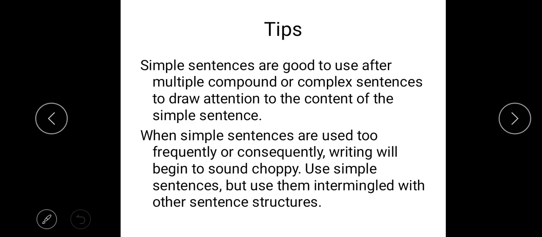Don't just keep repeating the same structure. It'll be choppy. So better use different sentence structures to make your writing more interesting, and to draw the attention of the reader to whatever point you are talking about.